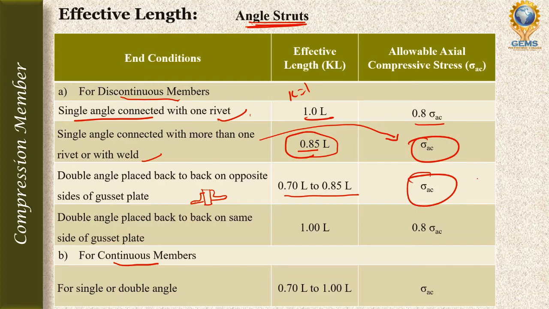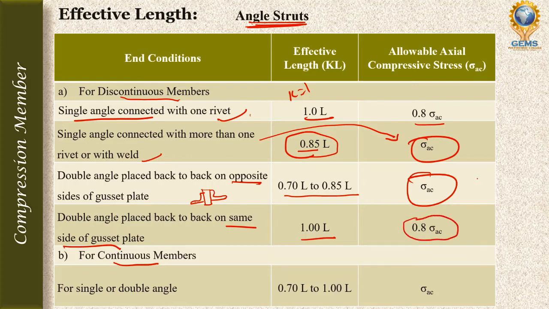And if the double angle is placed back to back on the same side of the gusset plate. So previous one we saw opposite side, but here it is the same side of the gusset plate. So for this condition, your effective length is 1 into L, where your allowable axial stress is 0.8 sigma AC.